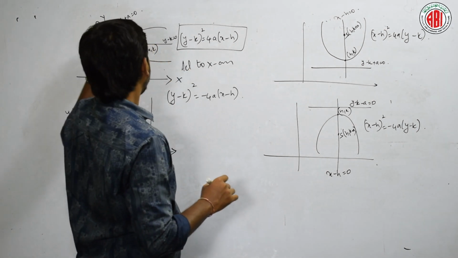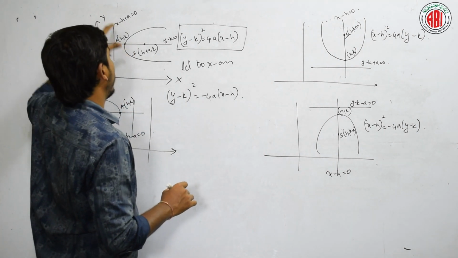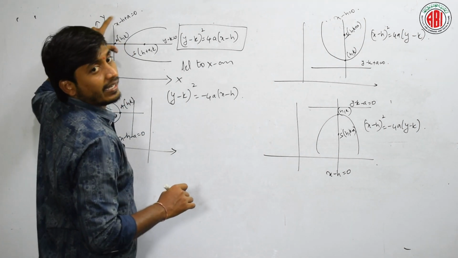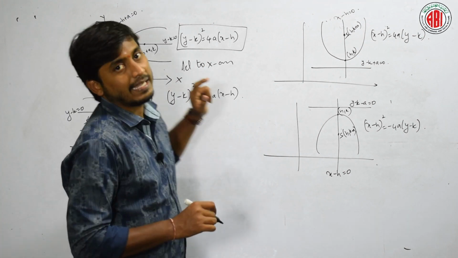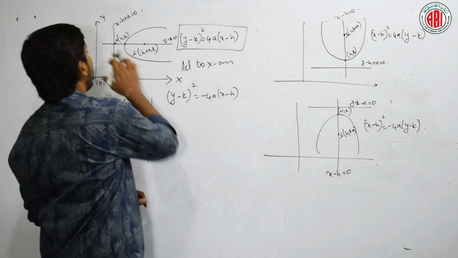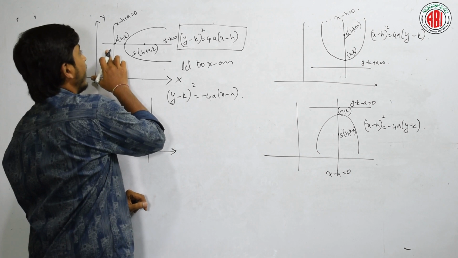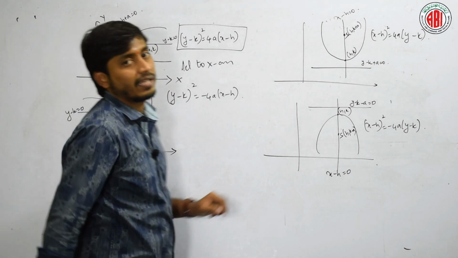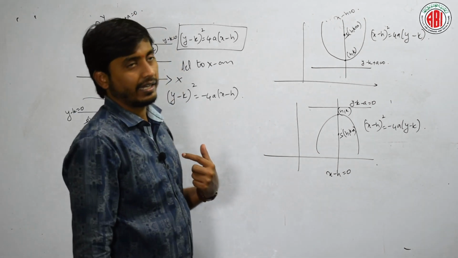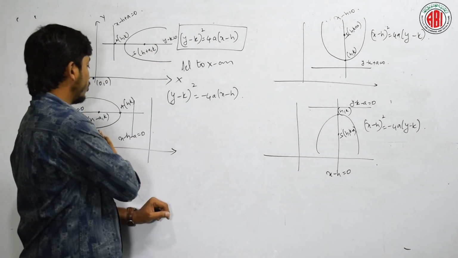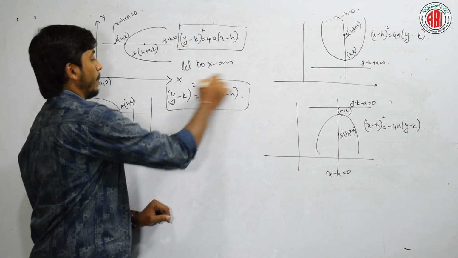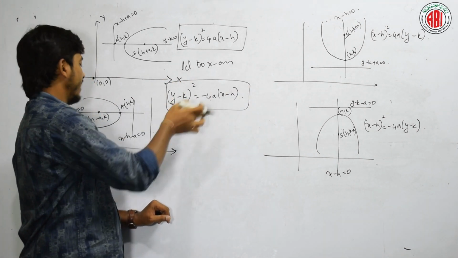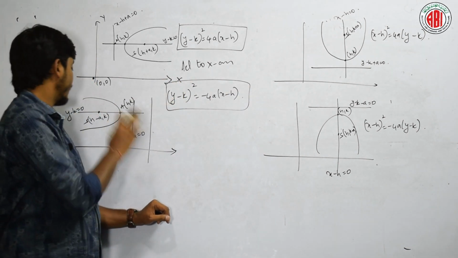Next, what about this vertex (h, k) and the directrix? It is nothing but x equal to minus of (h plus a)? Clear? How it will be? This will be h minus a, right? So, x equal to h minus a is that equation of directrix. Similarly, when it moves towards left, this will be our equation, right? Everything is the same except this term and this term.